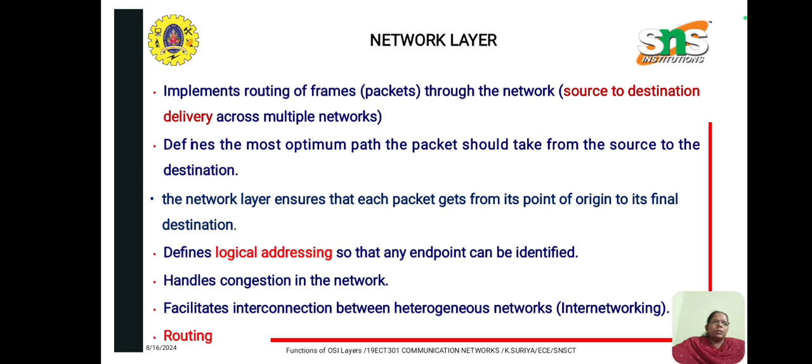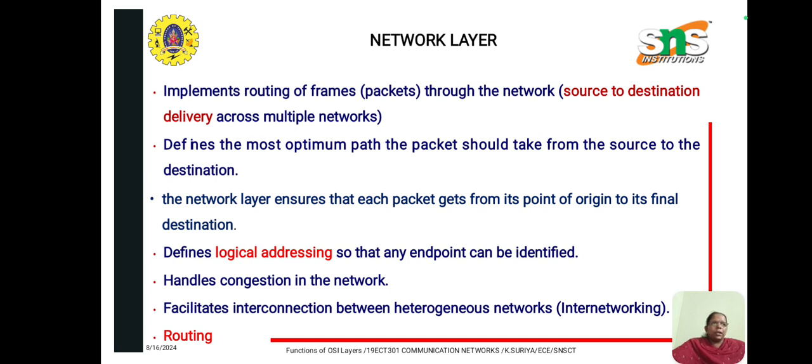Next one is the network layer. The network layer is responsible for source to destination delivery of a packet, possibly across multiple networks, whereas the data link layer oversees the delivery of the packet between two systems on the same network.